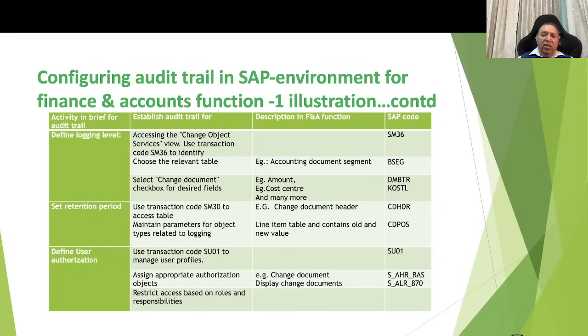Like change document is one object, S_AHR_BAS, and display changes made to document S_ALR_870. Now, this user authorization, the most important learning out of this is that one can utilize this to restrict the access based on the roles and the responsibilities.